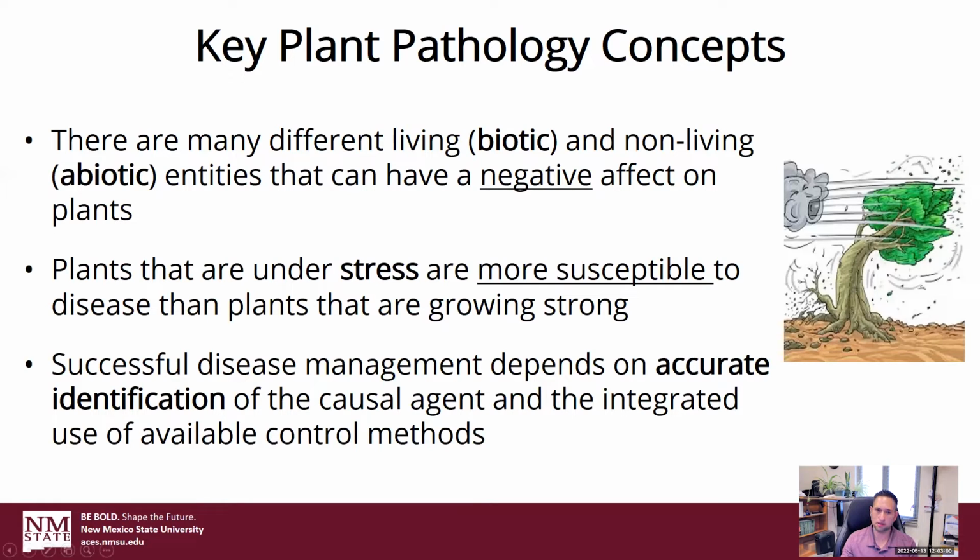The second one is that plants that are under stress, whether it be biotic or, most likely, abiotic or non-living again, are going to be more susceptible to diseases than plants that are growing strong.